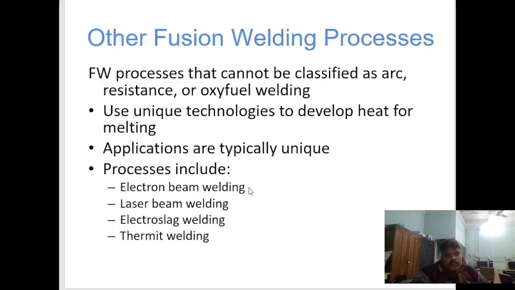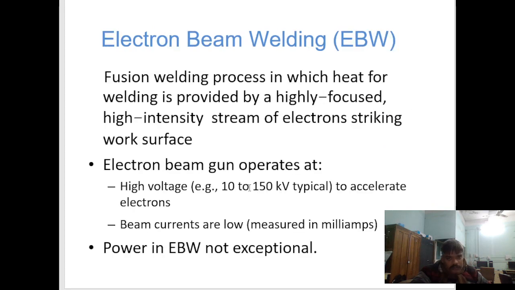Only small and thin parts can be welded. Other welding processes: electron beam welding process, laser beam welding process, electroslag welding process, thermite welding process. Electron beam welding is a fusion welding process in which heat for welding is provided by a highly focused, high intensity stream of electrons striking the work surface. The electron beam gun operates at high voltage, typically 10 to 150 kilovolts, to accelerate electrons.